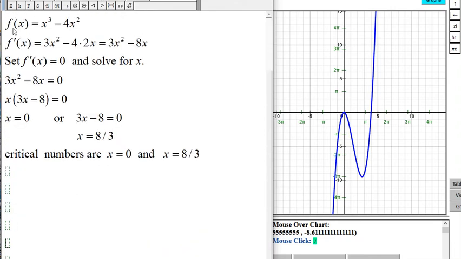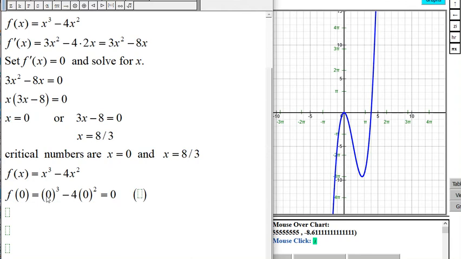And then what we want to do is evaluate the function here at x equal to 0. And so f of 0, we just replace x with 0. And so this is equal to 0.